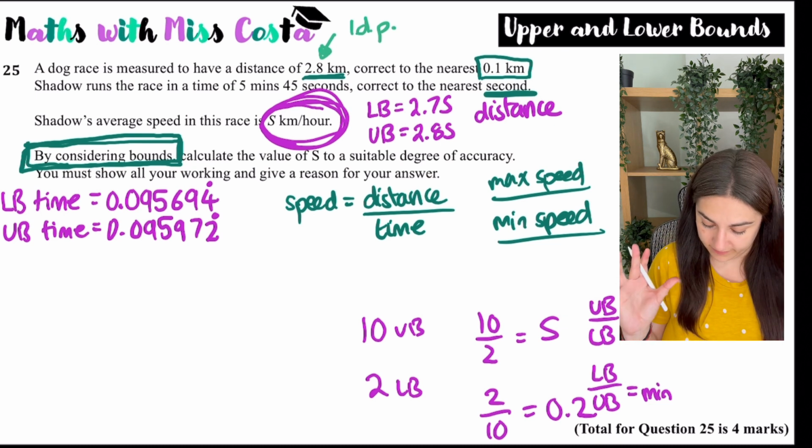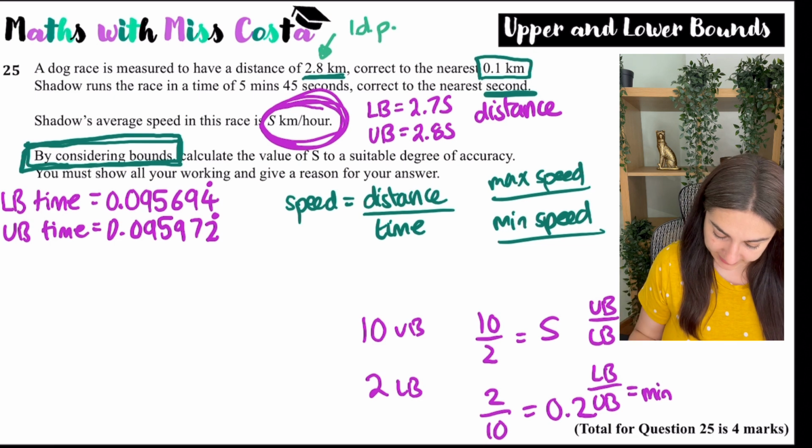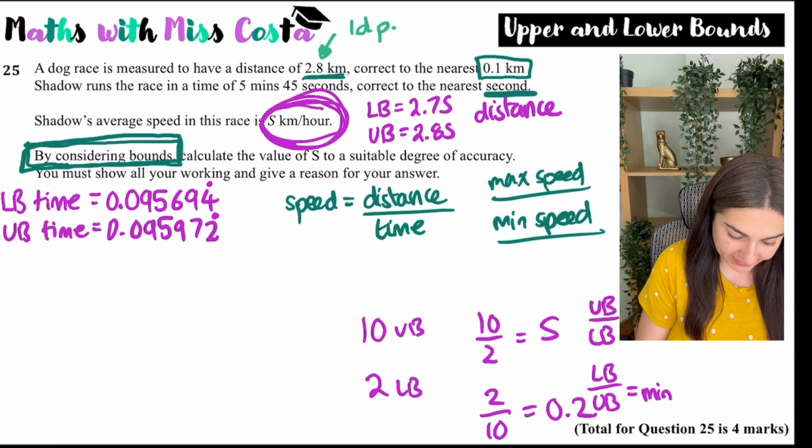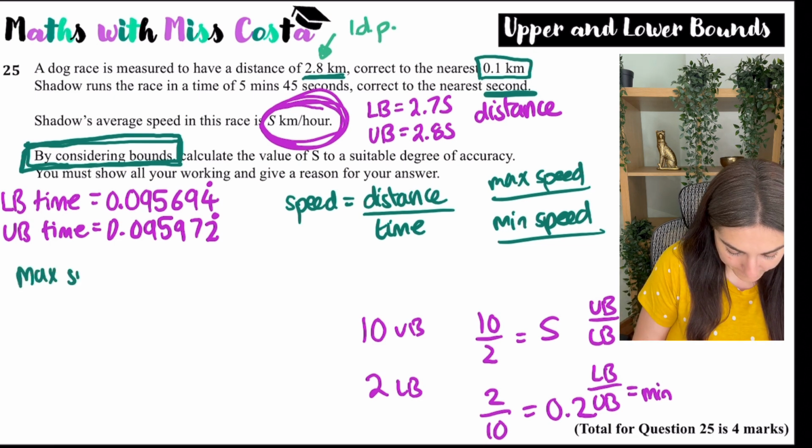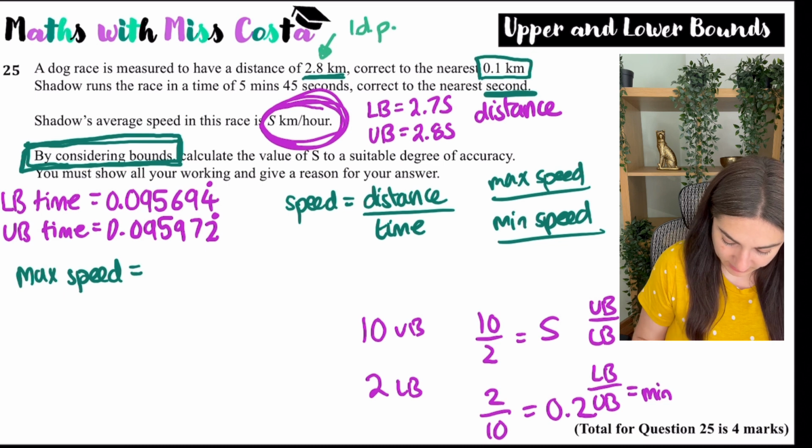So let's do that. To work out the max speed, I'm going to do upper bound divided by lower bound.